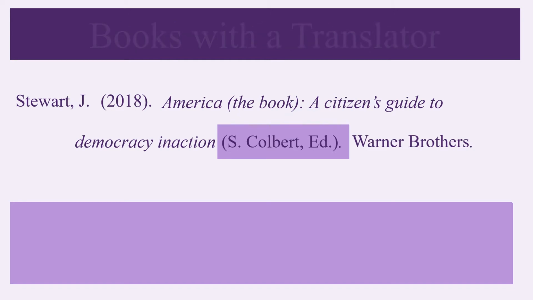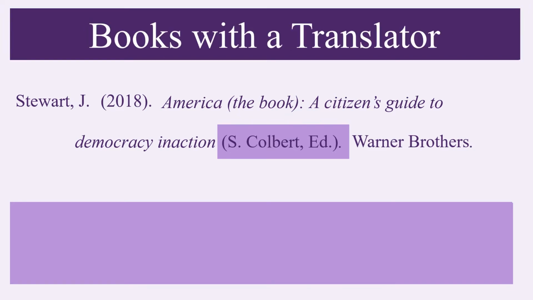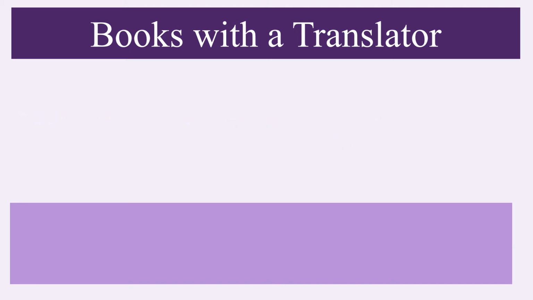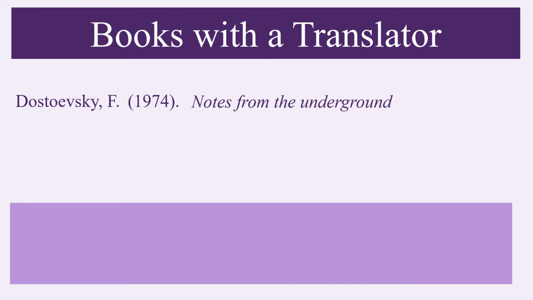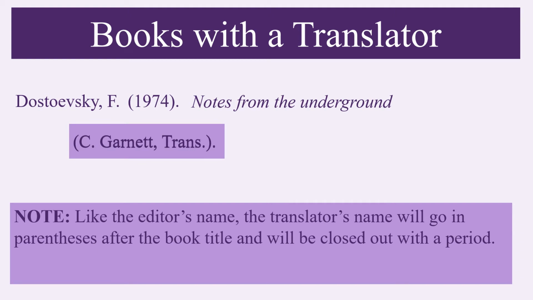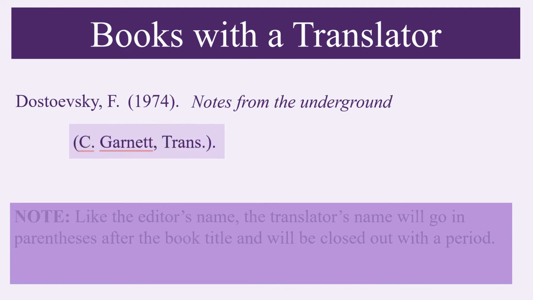But what if the book has a translator instead? Let's take a look at a different example. If a work does have a translator, the information will go in the same sequence. Author, Dostoevsky, year, 1974, title, Notes from the Underground. Like the editor's name, the translator's name will go in parentheses after the book title, initial followed by the surname, and will be closed out with a period.